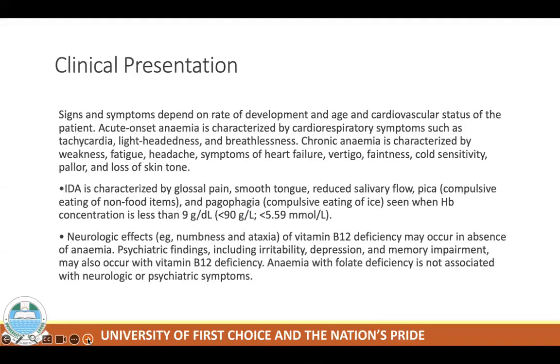In terms of clinical presentation, which comes to the question asked earlier on, I should talk about the signs and symptoms again. So the signs and symptoms depend on the rate of development, age, and cardiovascular status of the patient. For acute onset anemia, most of the time, the symptoms you find are fast-paced heartbeats, tachycardia, lightheadedness, and breathlessness.